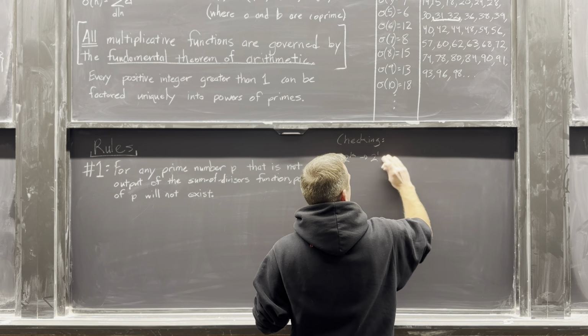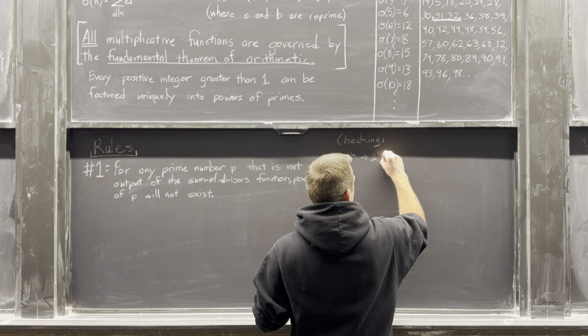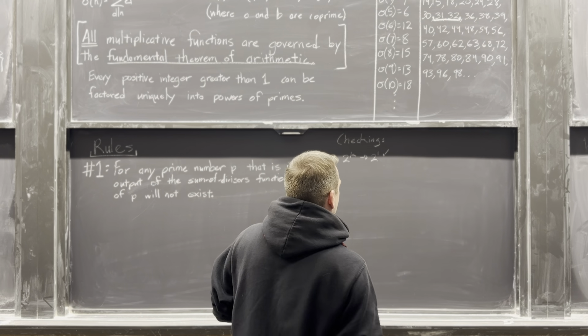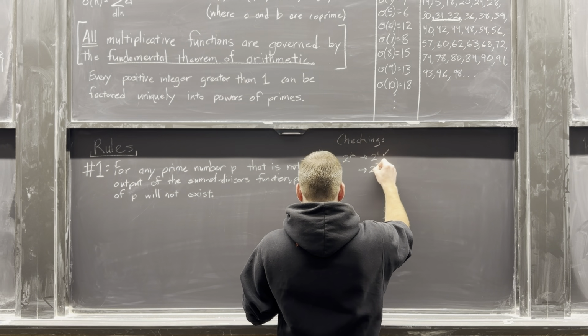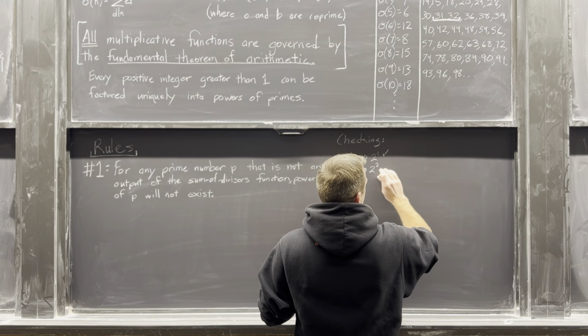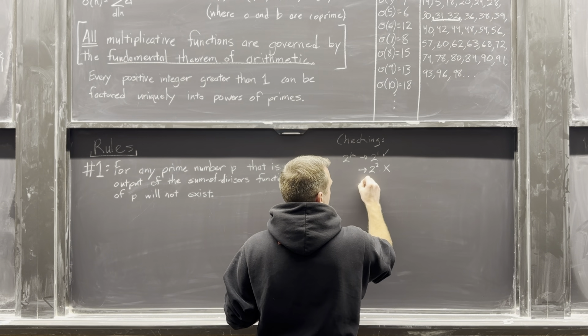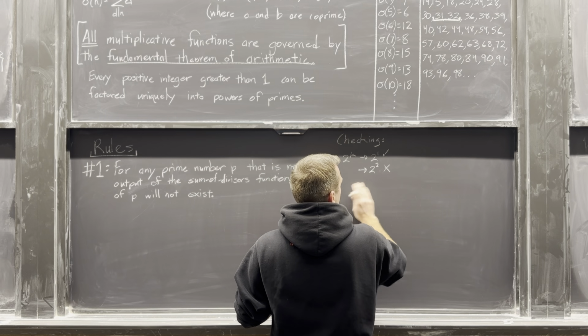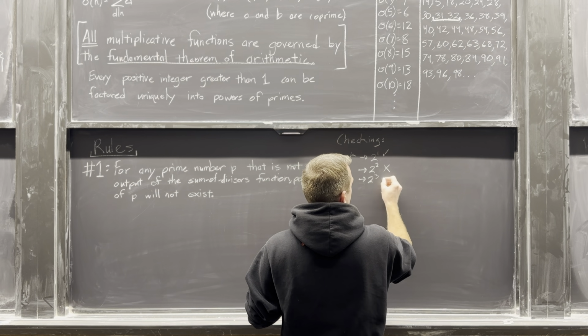So 2 to the 1, does it follow the rule? 2 to the 1 doesn't exist, follows the rule. Great. 2 to the 2 is 4. Well, that doesn't follow the rule. And we've got 2 to the 3.